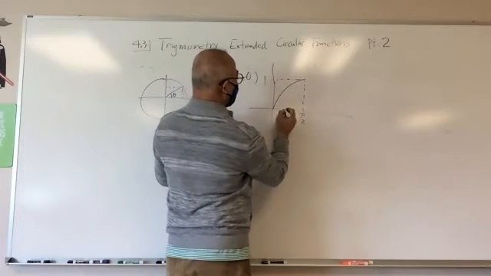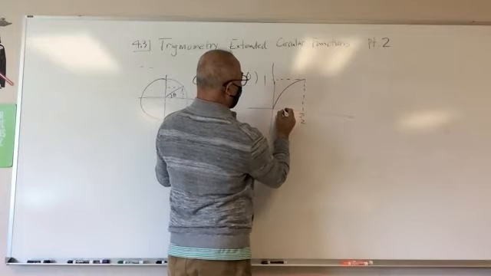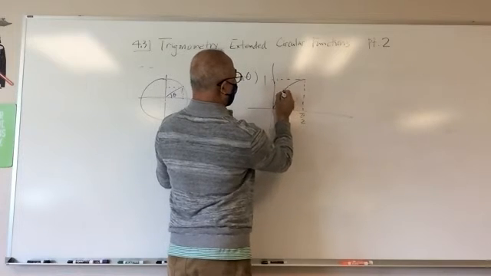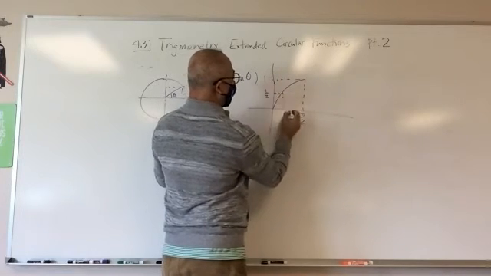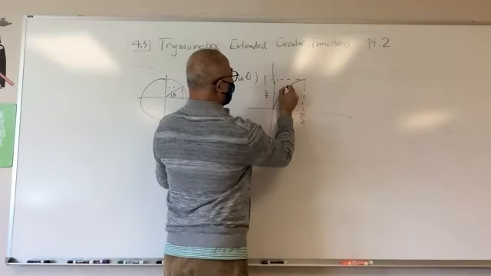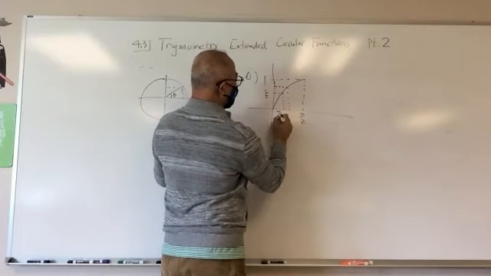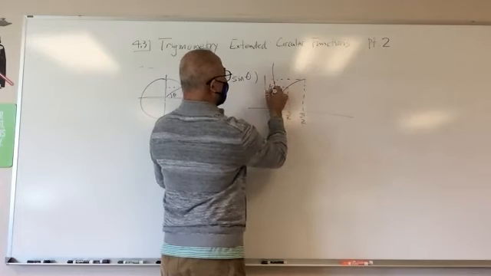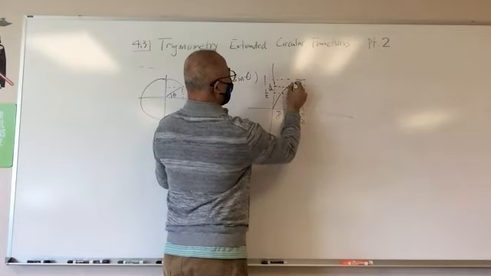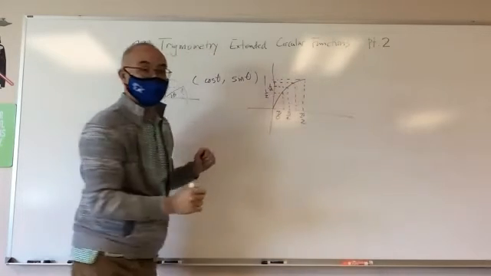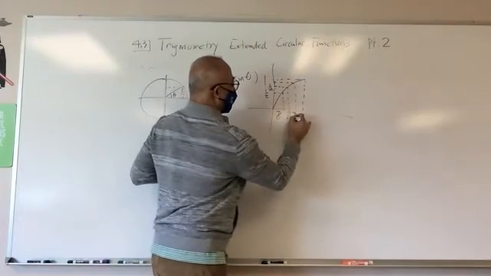The first value it's going to hit is here, 1/2. This was pi over 6. The next value is pi over 4, which is 1 over root 2. Then over here it's going to be √3/2, which is pi/3, okay?